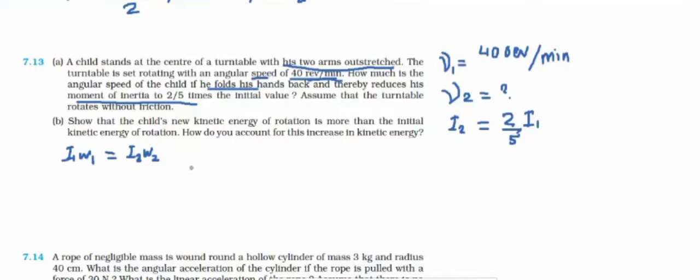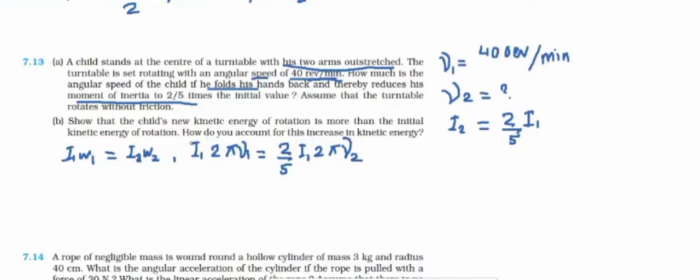Therefore, I1 into omega 1, which is 2 pi nu 1, is equal to I2, which is 2 by 5 I1, into 2 pi nu 2.